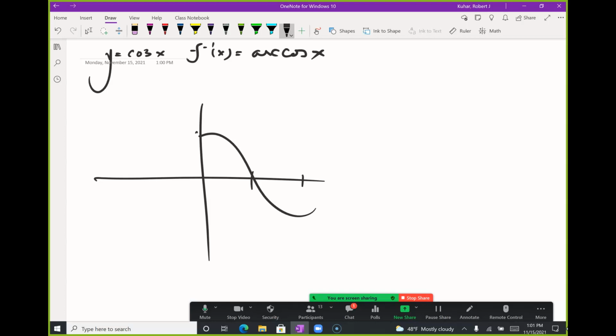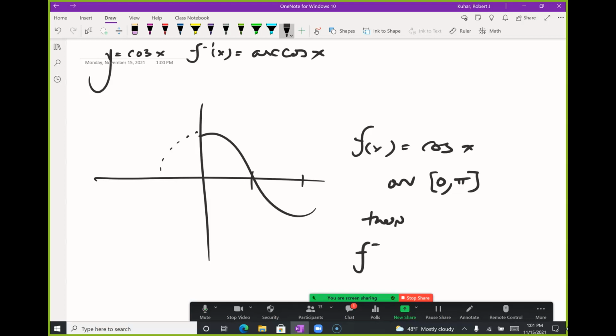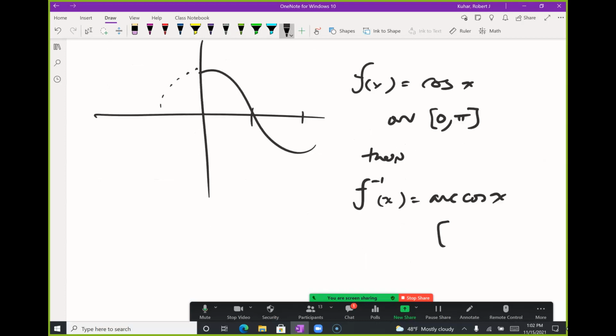If I used the left part of that cosine function, I would have something that was not 1-to-1. So if f of x is cos of x on 0 to pi, then f inverse of x is arc cos of x, on minus 1 to 1.